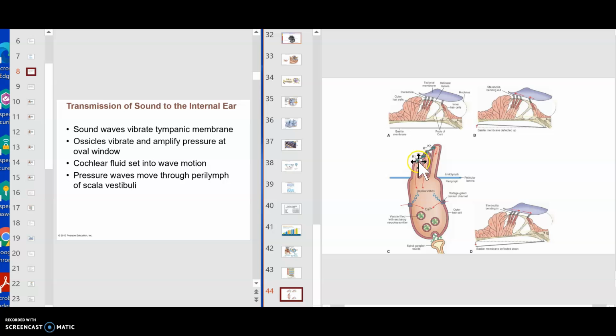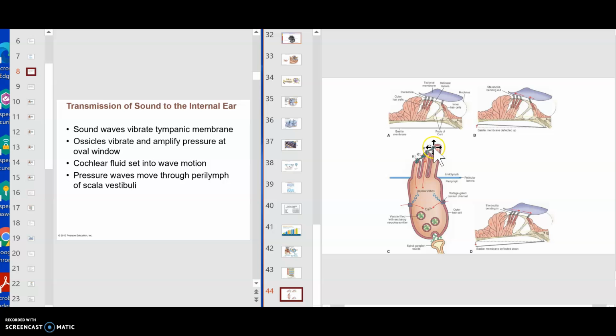Then right here at this point is a tip link. This tip link hooks to all of these projections, these stereocilia. When the vibration occurs, it will cause this tip link to move because it's pressing against the tectorial membrane.